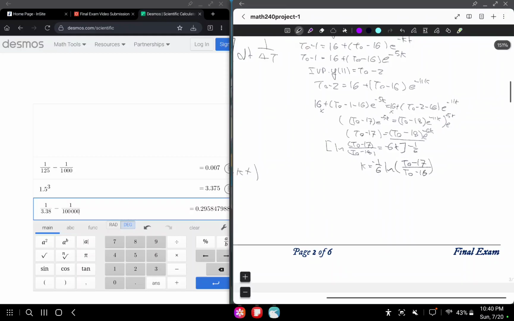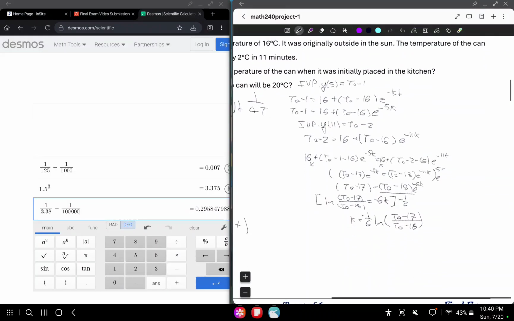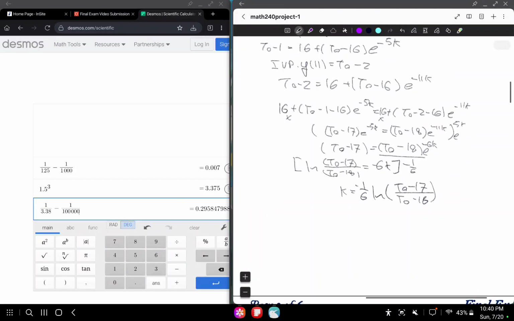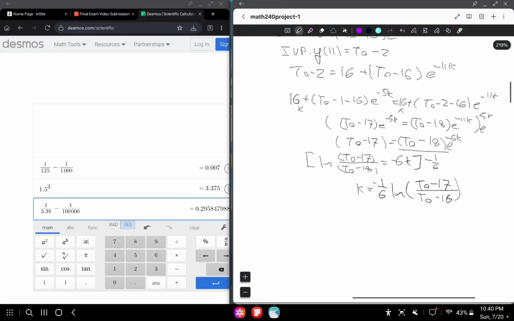Okay, this is bad. Temperature. If I plug this back in now, just any equation.